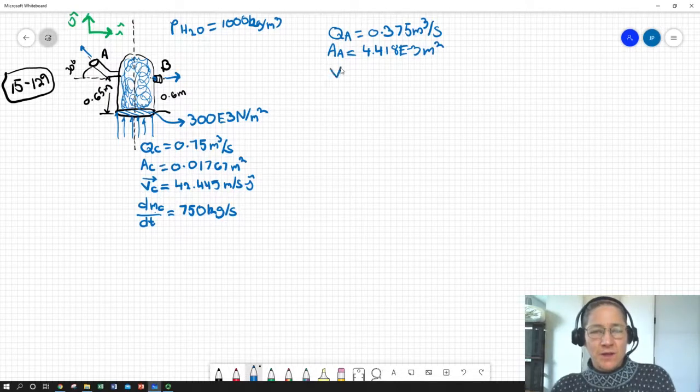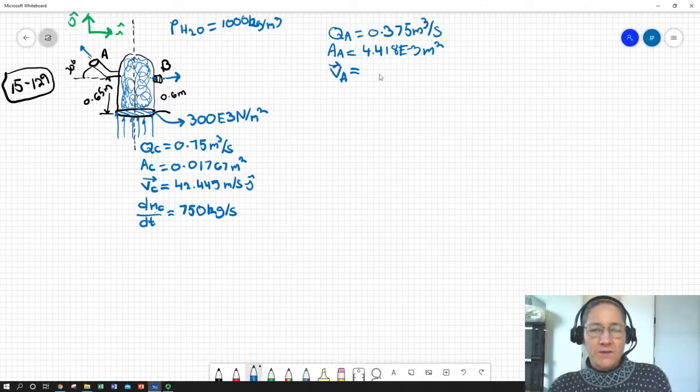So that means we can get the velocity at A, which we know is going to have components in two different directions. We start with just the magnitude of the velocity at A, which is Q_A divided by A_A.